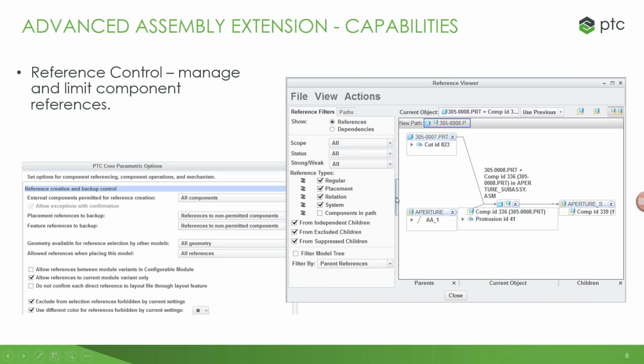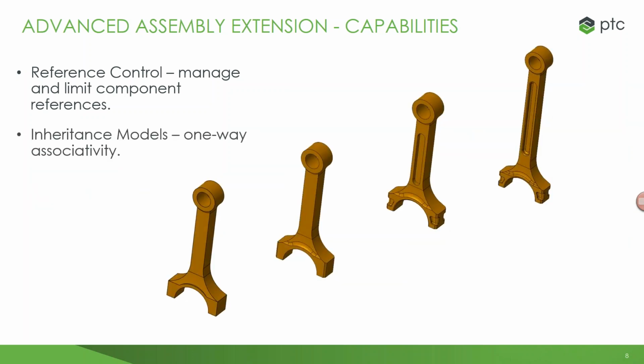And you can determine and basically filter what you want to see. You can change the scope, change the status, change whether it's a weak or strong reference type. You can change which reference types are being shown as well, if you want regular placement relationships. What I'm getting at is there is a lot of control here that you can utilize to see exactly what the references are and how they impact your model.